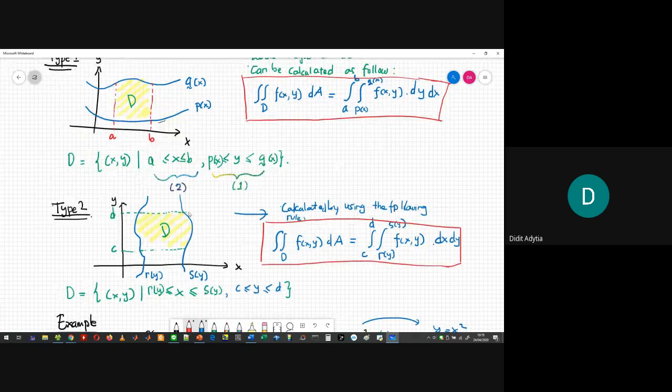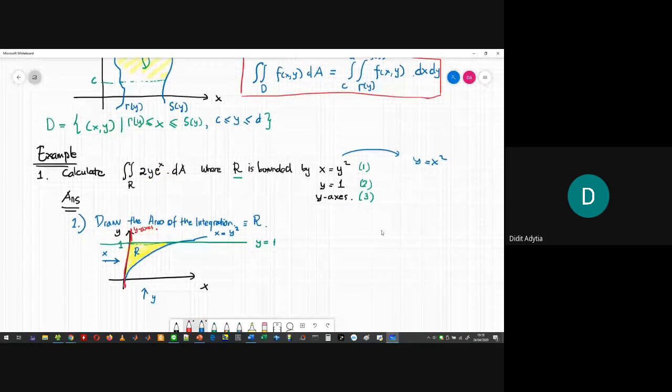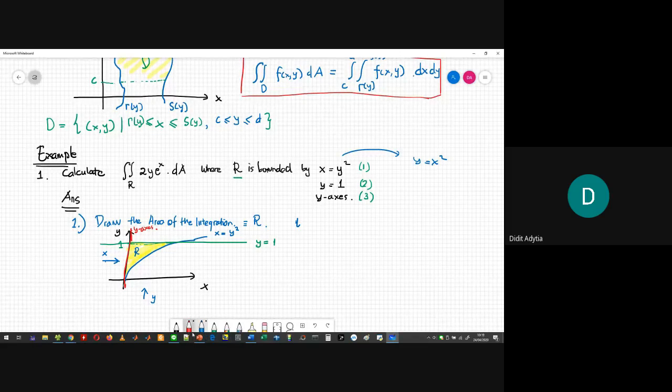Berarti kita menggunakan X duluan. Berarti kita gunakan type 2, okay? This is type 2. And then we use type 2. Let's say I use red one. Type 2.